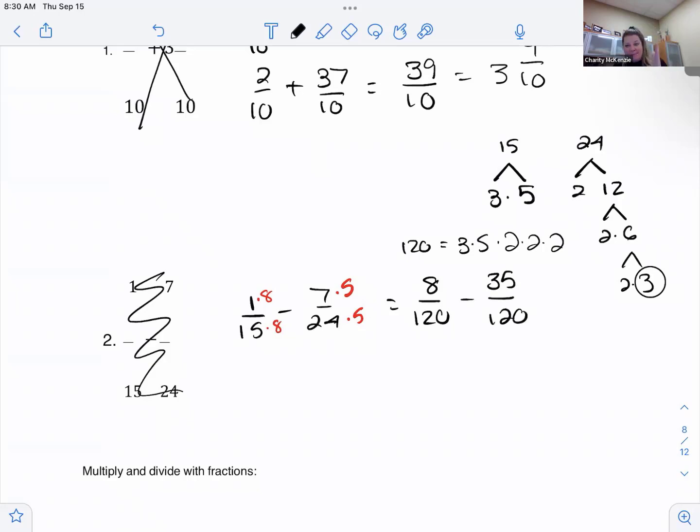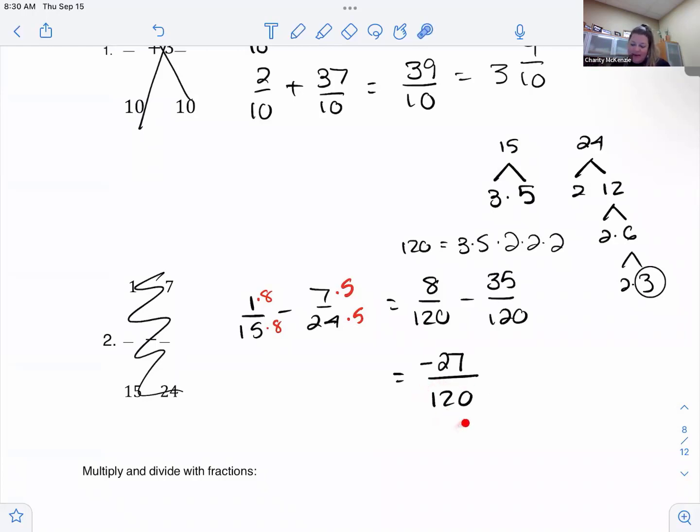Now I keep the common denominators and I add or subtract the top. So 8 minus 35 is negative 27. Right, there's our method. Then 27 over 120, it is divisible by 3, because I went 1 plus 2 is 3.